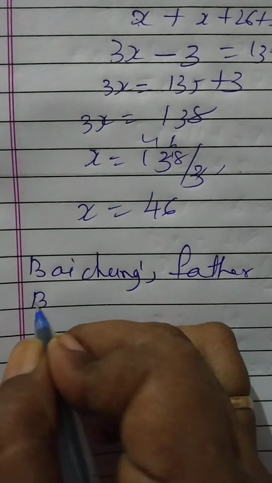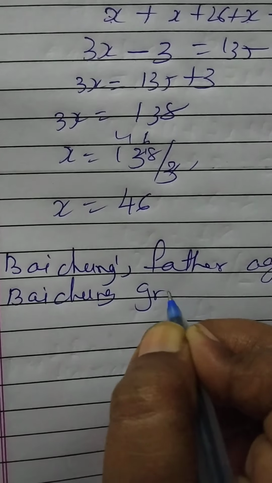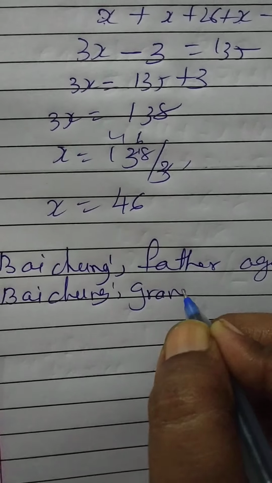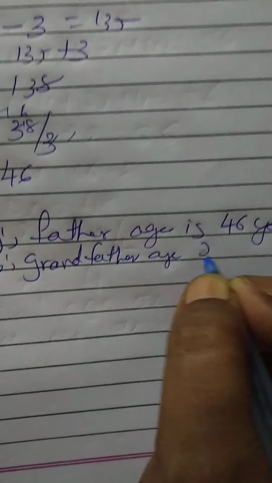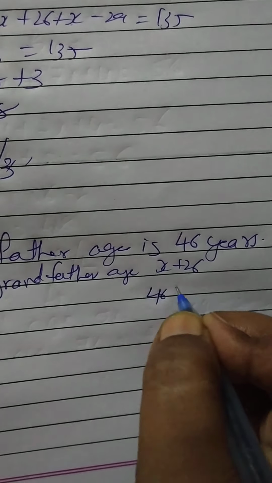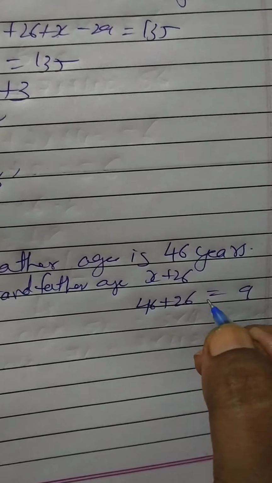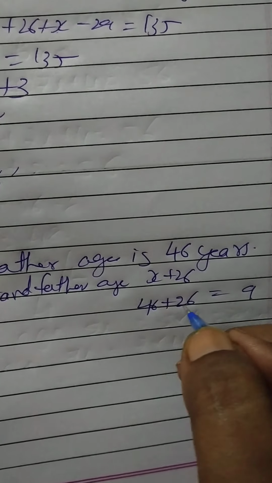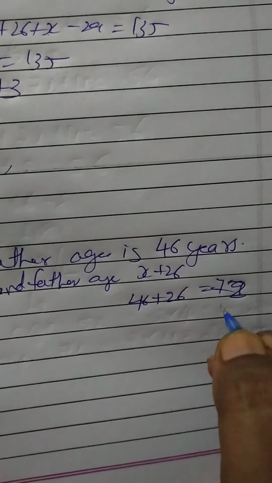Now we want Bangchung's grandfather's age. It is x plus 26, which means 46 plus 26, which is 72 years.